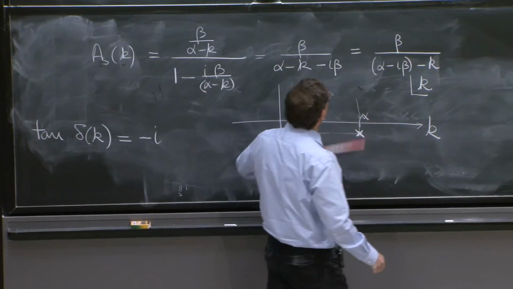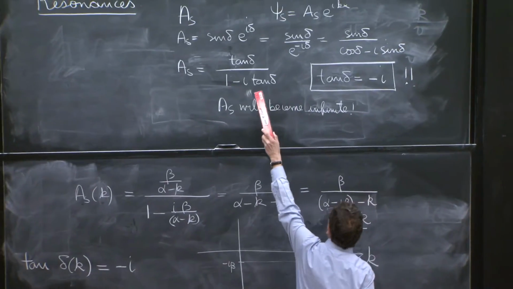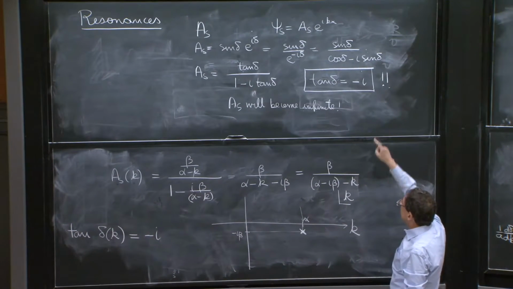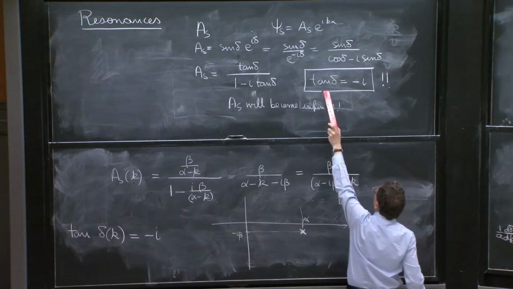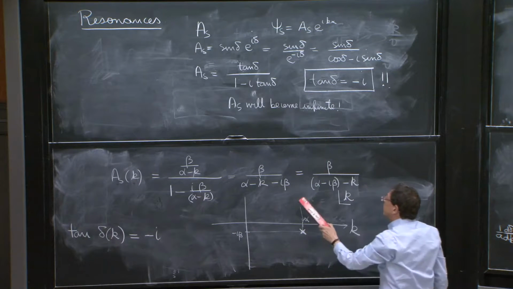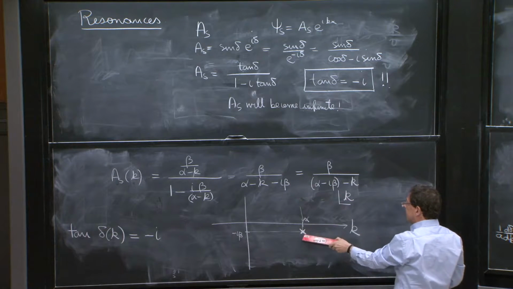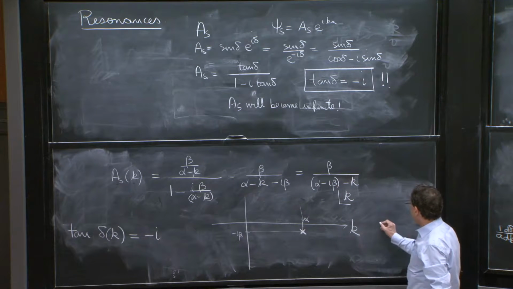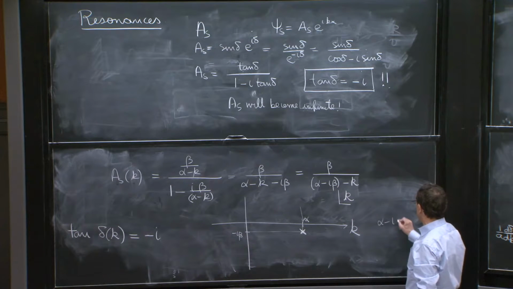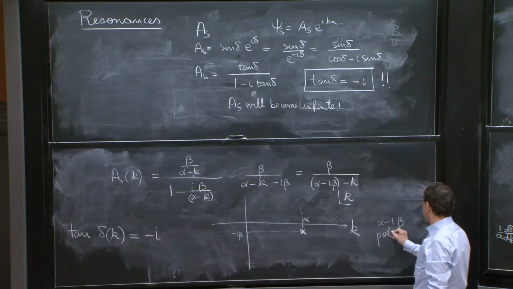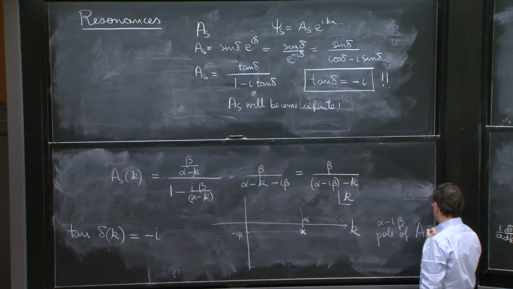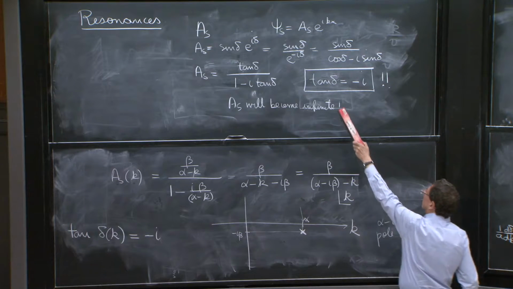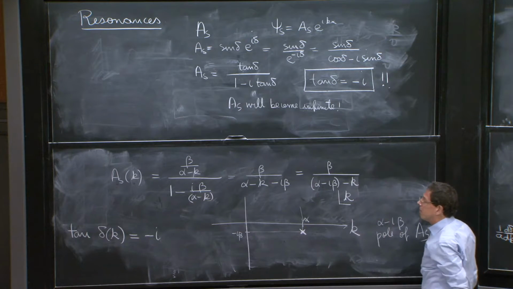Because that's what guarantees that you have a pole, that indeed it blows up at some value. That's where A_S blows up, which we see directly here. It's this value, alpha minus i beta. So alpha minus i beta is a pole of A_S. And therefore, it must be happening when tangent of delta is equal to minus i.